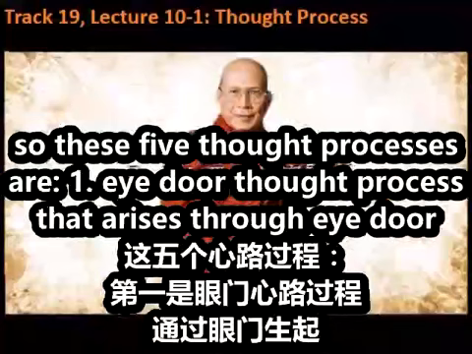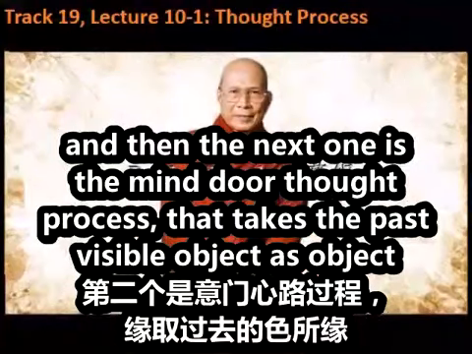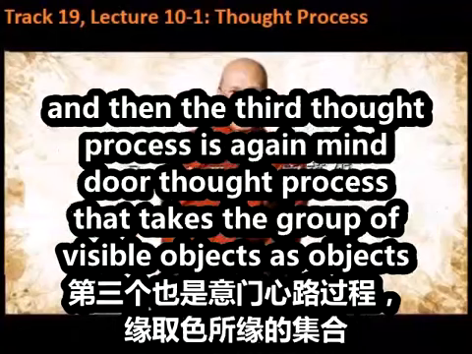So these 5 thought processes are: 1, the eye-door thought process that arises through the eye door. And then the next one is the mind-door thought process that takes the past visible object as object. And then the third thought process is again a mind-door thought process that takes the group of visible objects as object.